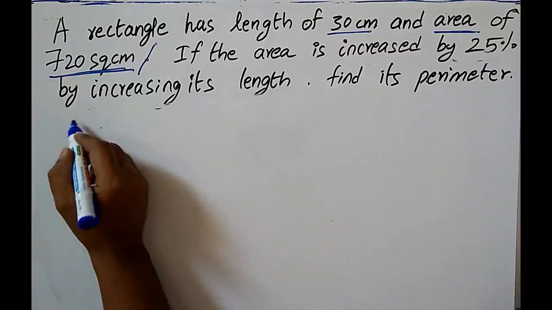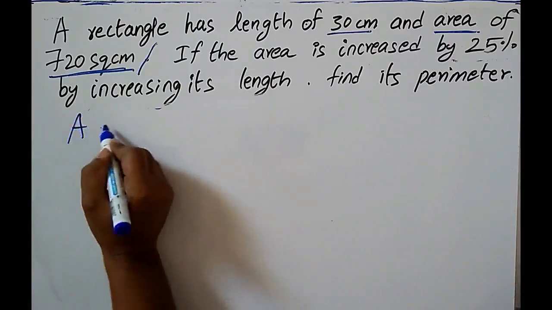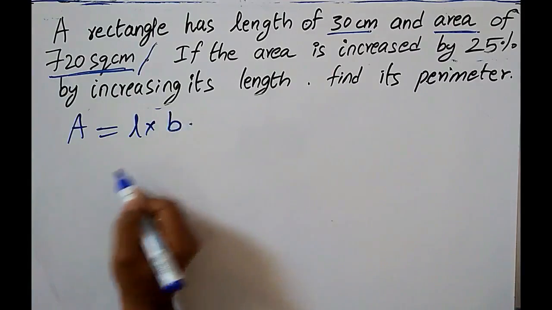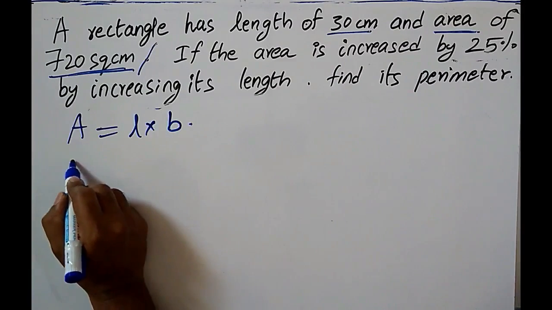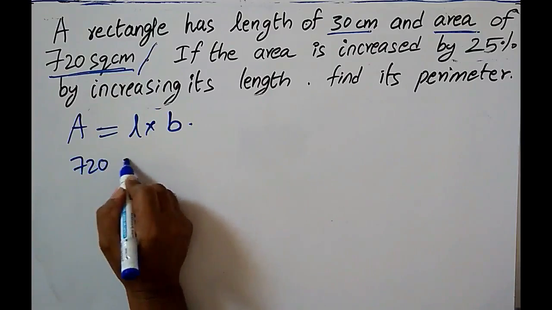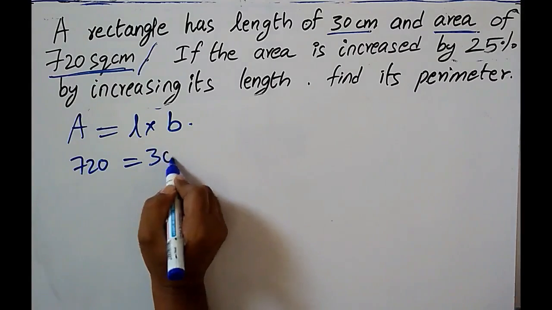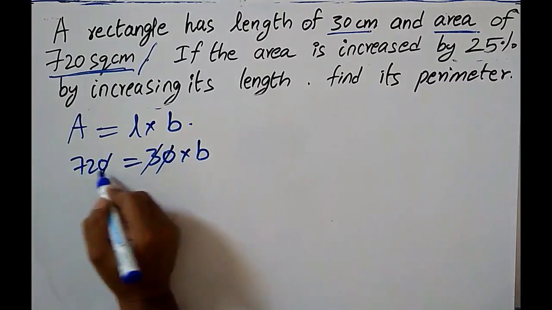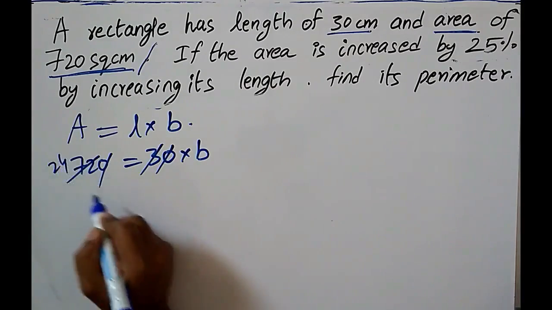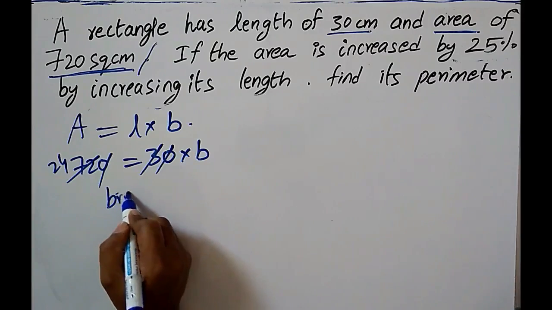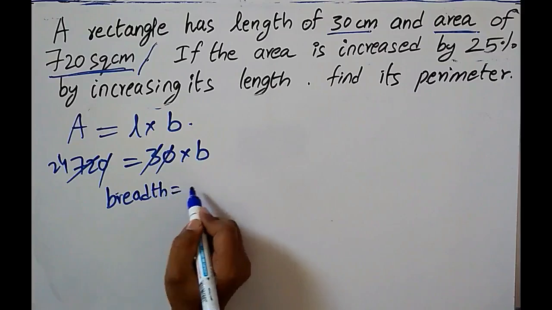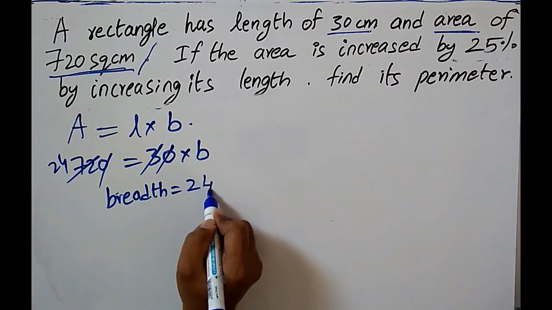First of all, find the breadth. What is the formula for the area of the rectangle? L into B. 720 is equal to 30 into B. So from here we can get the breadth of the rectangle.